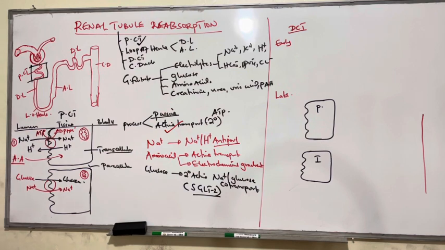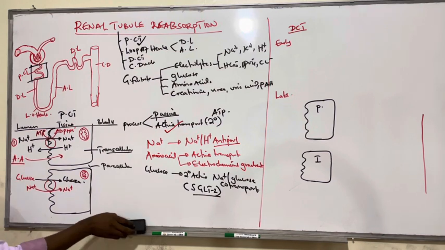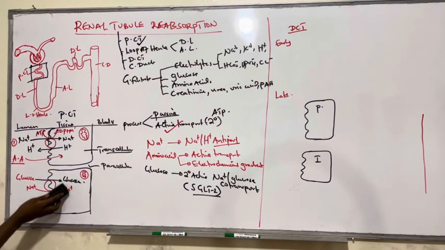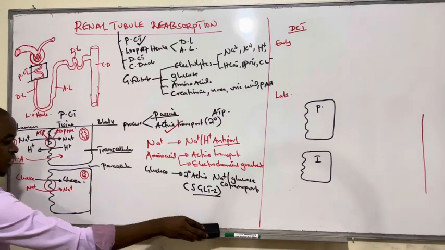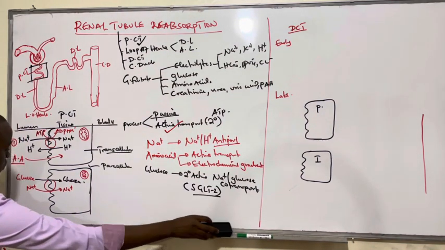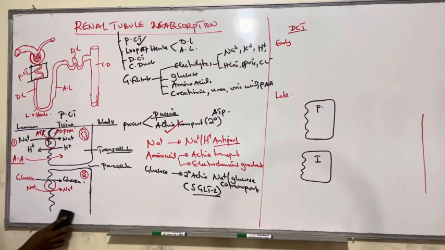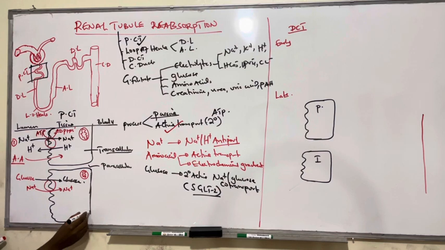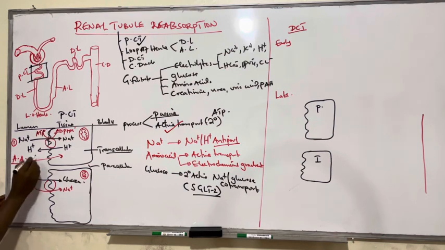And as we move on, we are going to see, apart from these processes, how is bicarbonate reabsorbed. If this is my proximal convoluted tubule, we saw sodium exchanging with hydrogen.